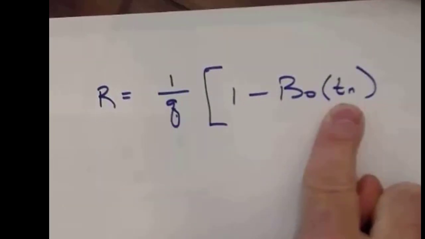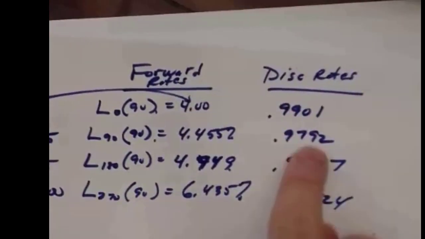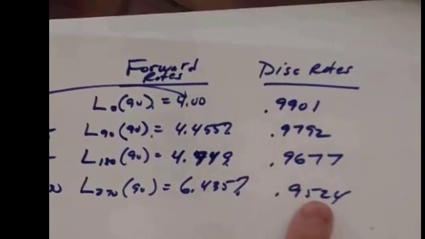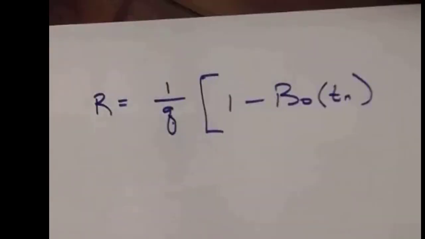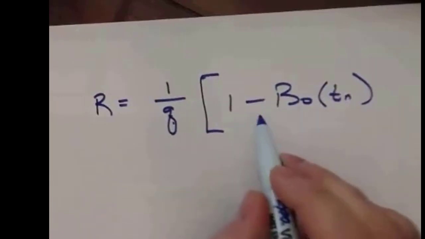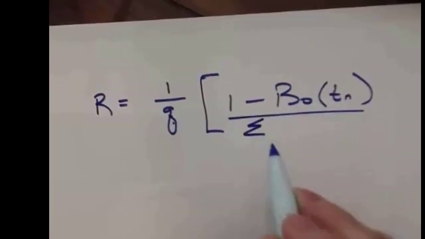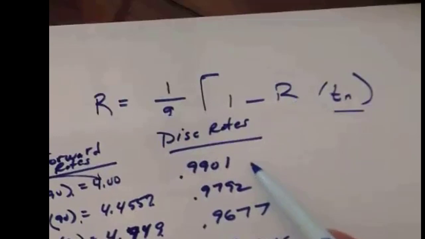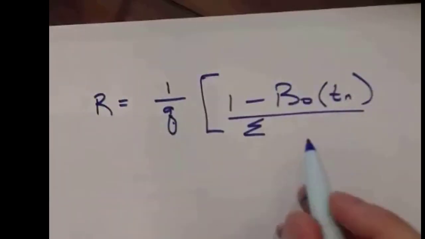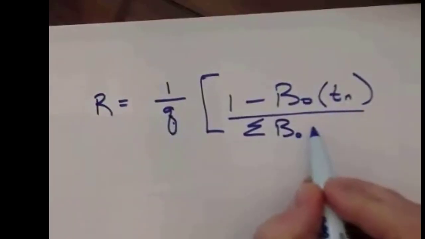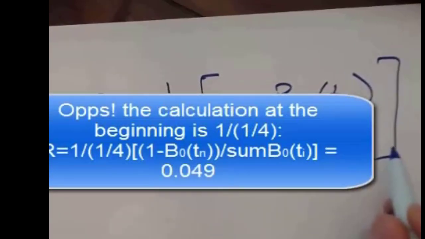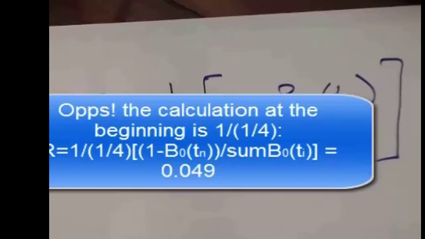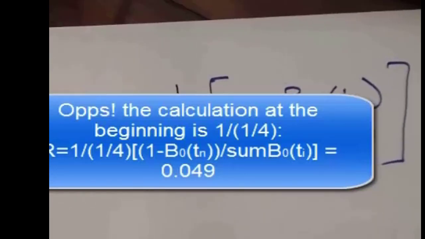That discount rate, for the whole n periods, so you think of this as 1, 2, 3, 4, 4 is n periods, it's the 0.9524, as I'll show you in a second, divided by the sum of these discount rates, the sum of these discount bonds, so to speak. Okay, and then that is the formula for calculating R.